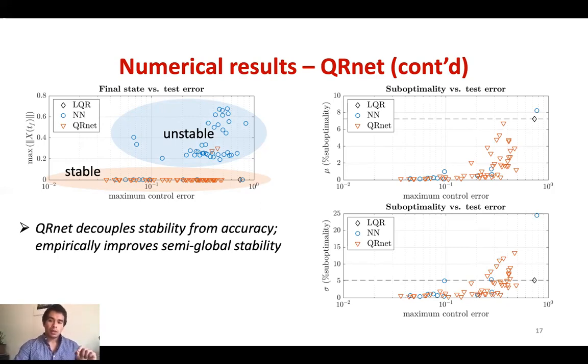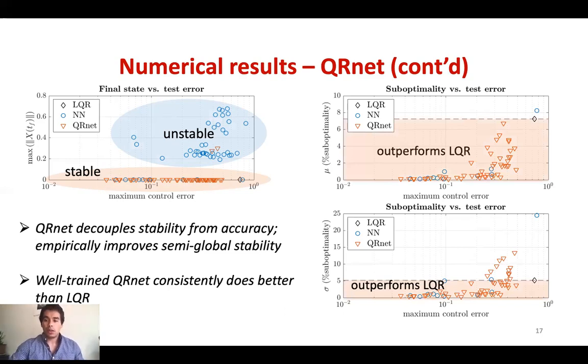If you compare the percentage of suboptimality relative to the optimal control for each of the stable networks, with the averages on top and the standard deviation on bottom, everything in those orange boxes is doing better than LQR. So overall, you can gain a lot of performance by bothering to train a nonlinear optimal controller. And QRnet is nice because it makes sure that the controller you train is going to be stable. You're not wasting your time.